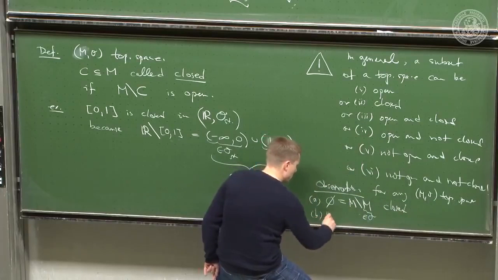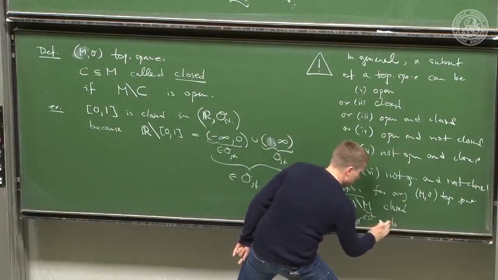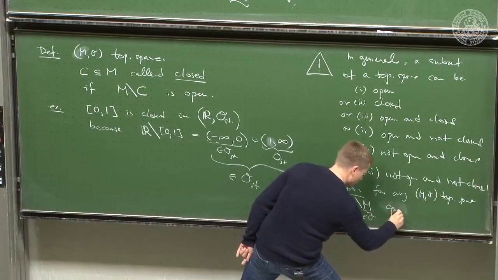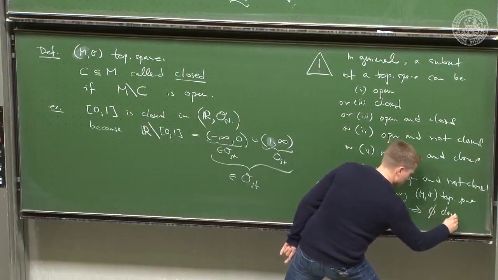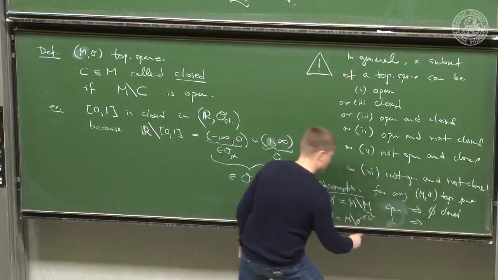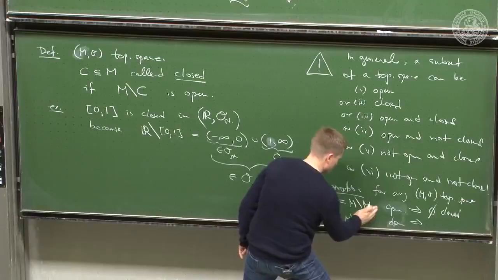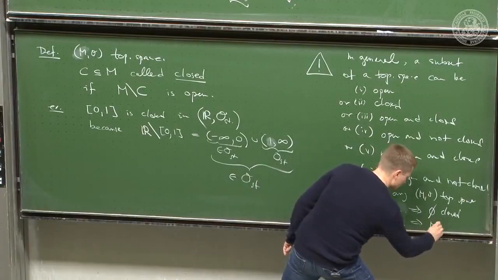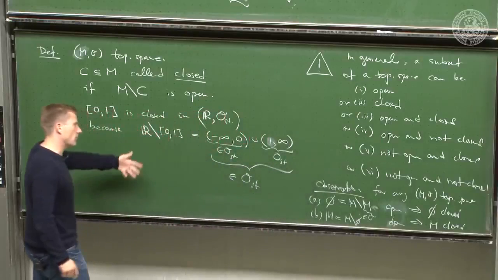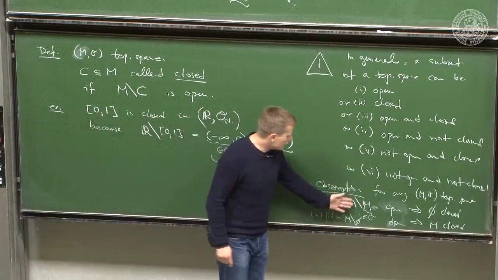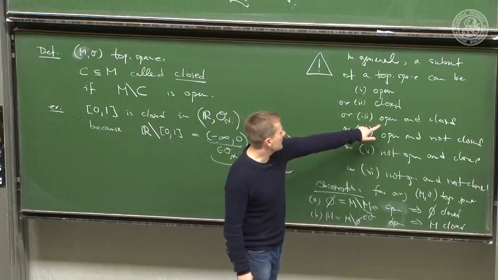And B: M can always be written as M without the empty set, and for the same reason, the empty set is open, hence this is closed. So the entire set M is closed, but because the empty set and M are also both open, the entire set and the empty set are of this type.